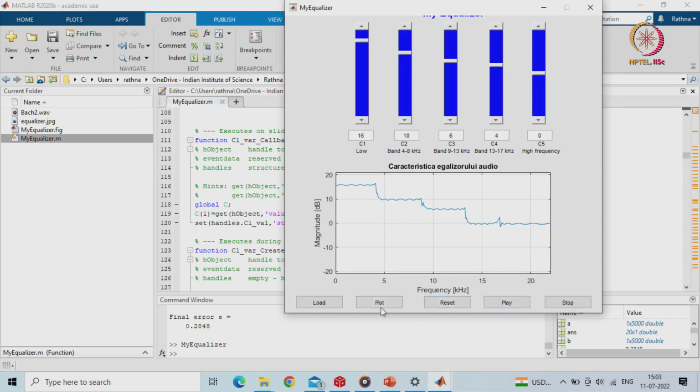So, you can see this plot, we have increased the other one, and we will do the other one a little more than this and see how the plot looks. This is what I said, you can keep playing with it. This has gone up to 2 dB here, so it is no longer 0 dB for the high frequency, and then we will play it.